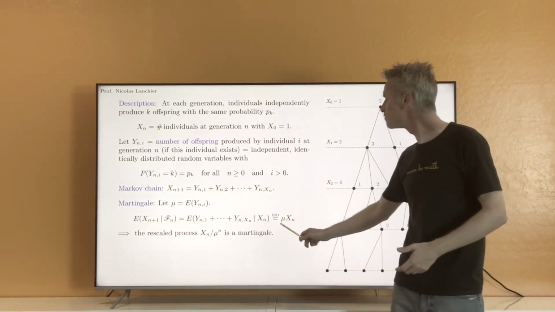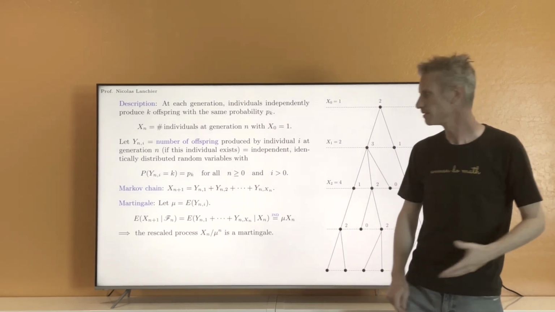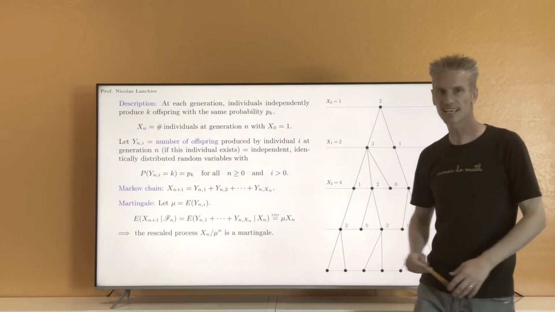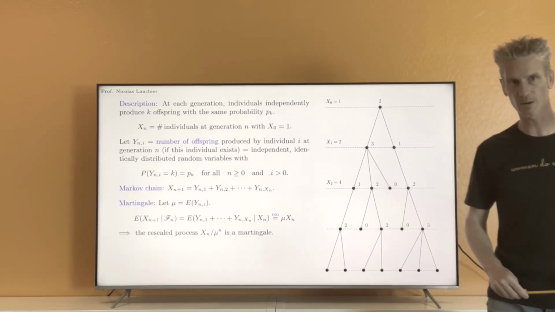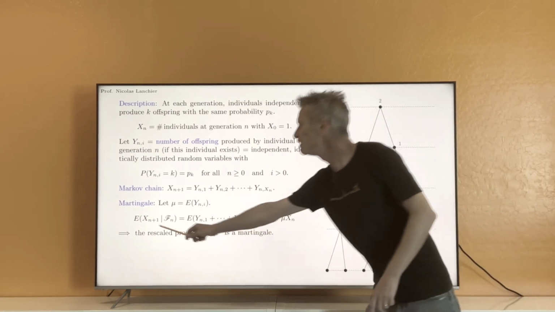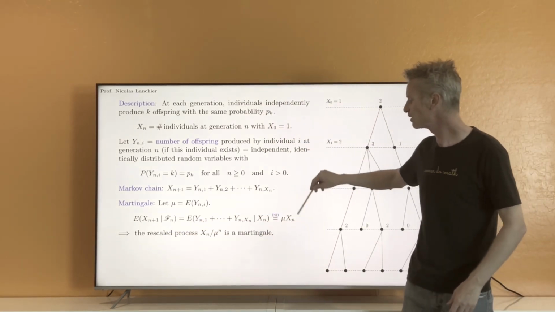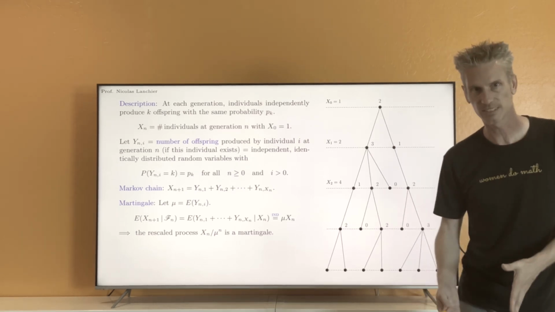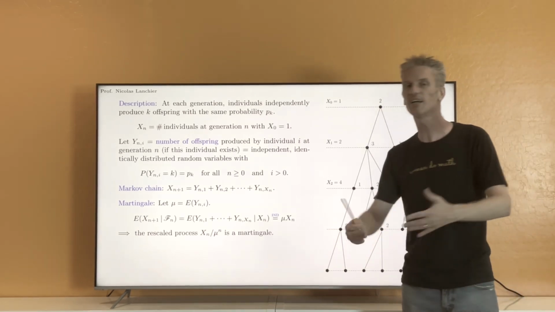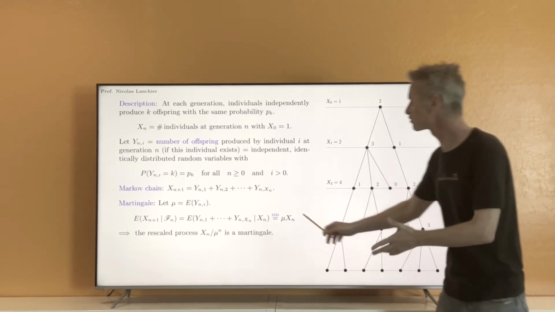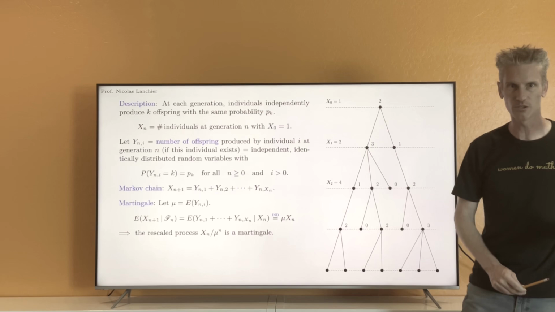Clearly, if mu is less than 1, this conditional expectation is less than Xn. In this case, we have a supermartingale. If mu is more than 1, on the opposite, this conditional expectation is larger or equal to Xn, and in this case we get a submartingale. Obviously, when mu equals 1, we get a martingale. Okay? So we have those three different regimes that depend on the value of mu.